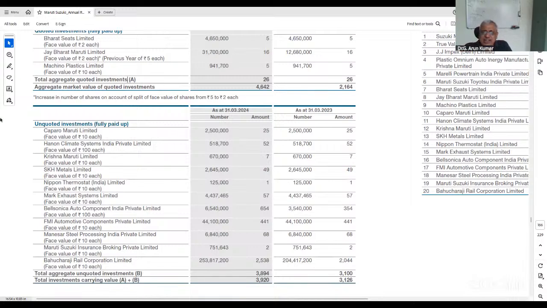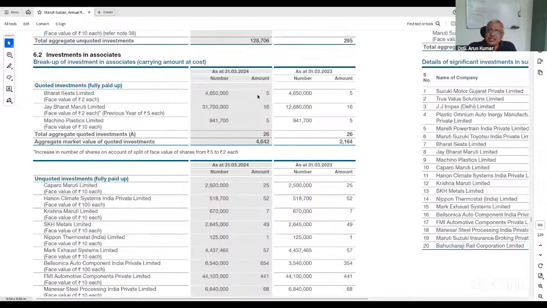Sir, then what is the value shown here? The value shown here is actually 10 rupees into 25 lakh shares multiplied. That is, it is shown only at the face value. That is 25 million. 25 lakh shares into 10 rupees, 25 million out there. That's all. It is not quoted in the market.